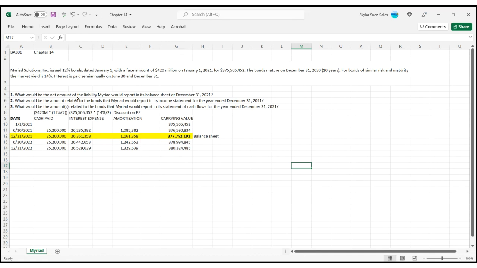Okay, so what would be the amount related to the bonds that Myriad would report in its income statement for the year ended December 31st, 2021? So how would you answer that question? And unfortunately, you do have to talk. We value the sound of your voice.